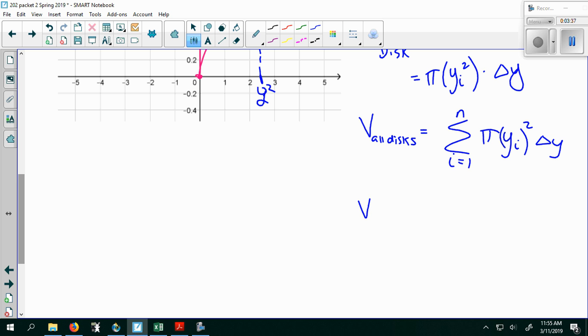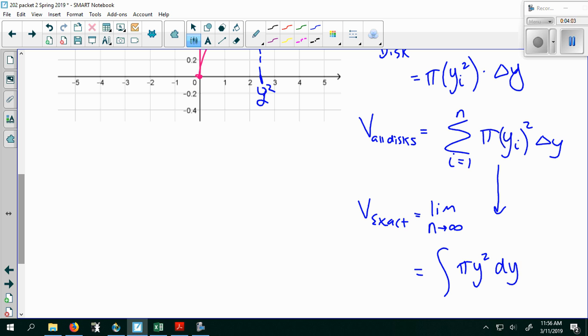Then my exact volume is the limit as n goes to infinity of this sum, which is the definition of an integral. So this is going to be pi y squared. I'm just converting: I dropped the subscript i and changed the delta y to a dy.